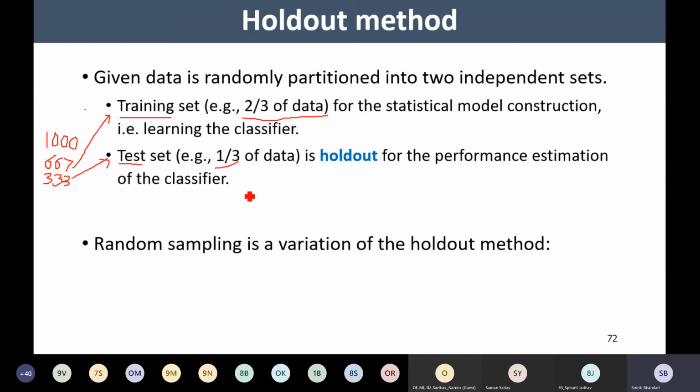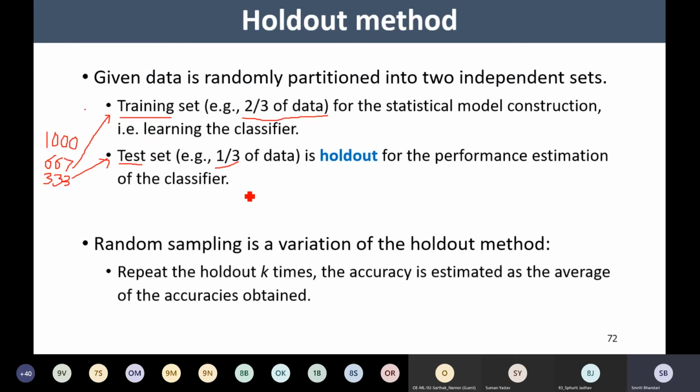We may have random sampling with holdout. In this, instead of having only one training set and one test set, we repeat this holdout process k times. So k times we pick up our training set and our test set, and that would be the first experiment. Next time, once again I randomly sample my training data set and test data set, so I am able to shuffle my samples between training and test data sets.